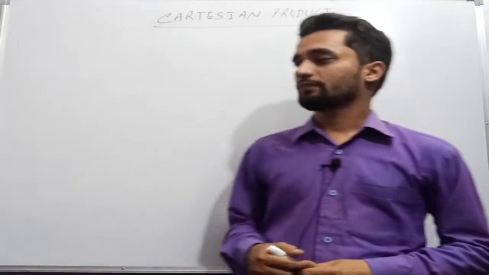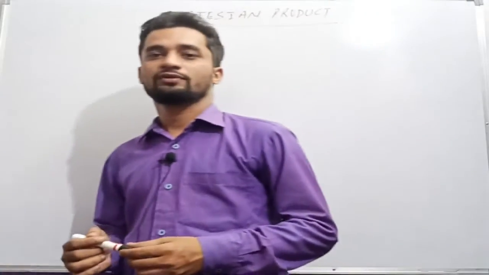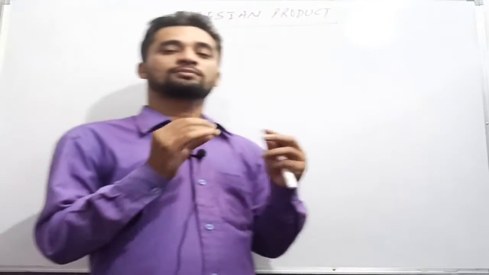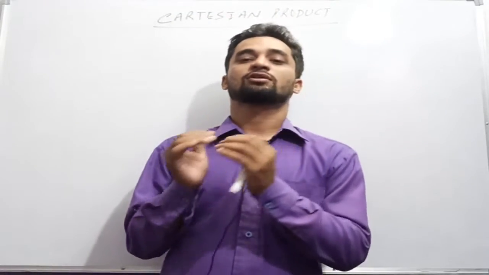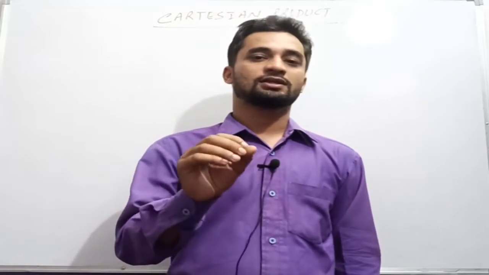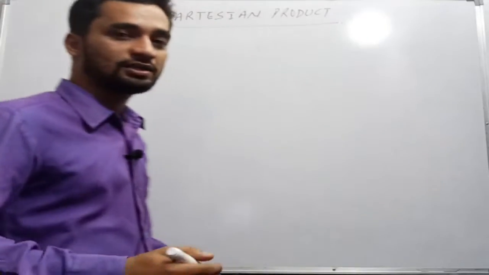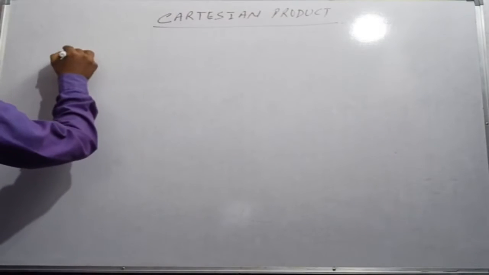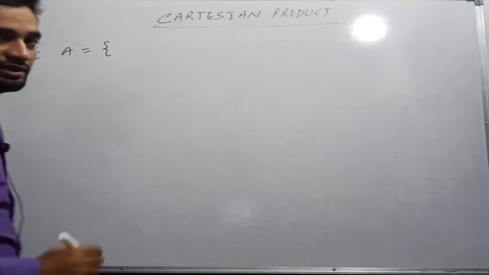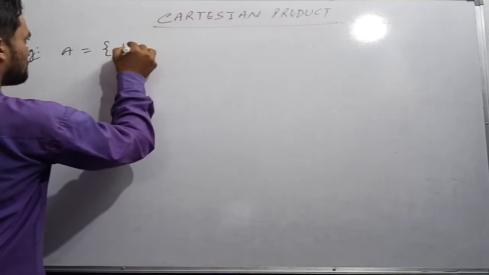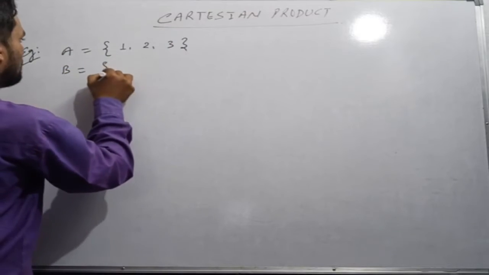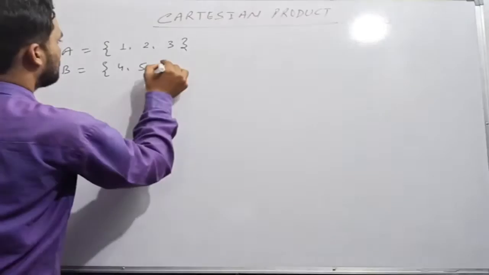Now let us see how to find the number of elements in a Cartesian product, that is, when we are multiplying two sets, what will be the total number of elements in the resultant Cartesian product. Let us take an example. Suppose A is 1, 2, 3 and B is 4, 5 only.